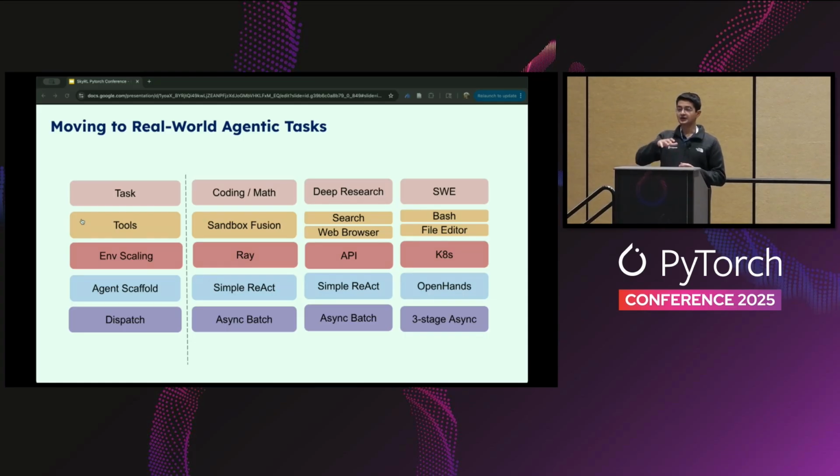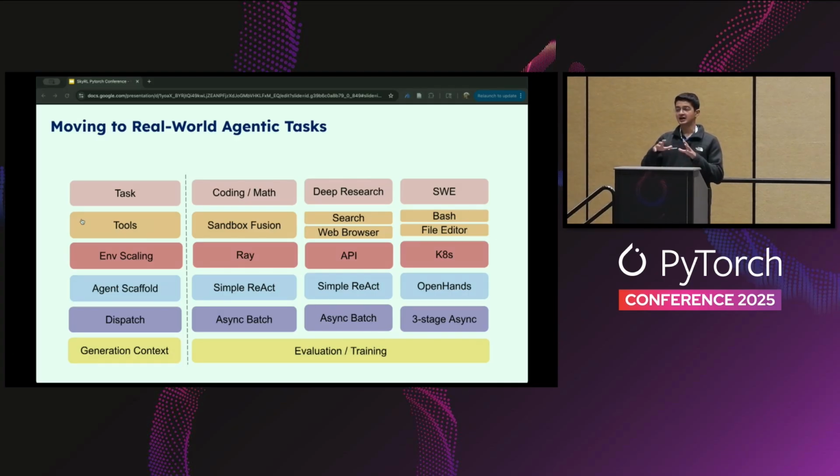For the coding or math task, as well as the deep research task, environment execution can be cheap, so maybe you just execute all trajectories concurrently in an async fashion. For the Suite task, you could implement something more involved, like a 3-stage async pipeline, which I'm going to get to later.